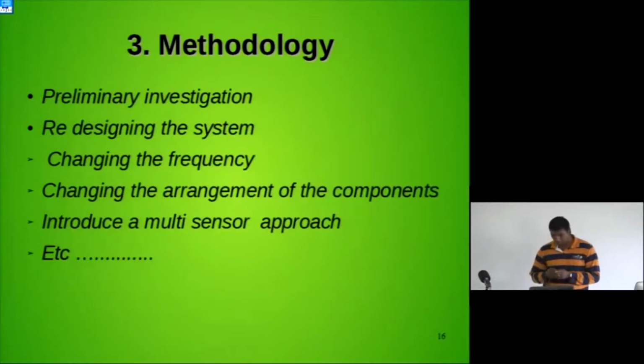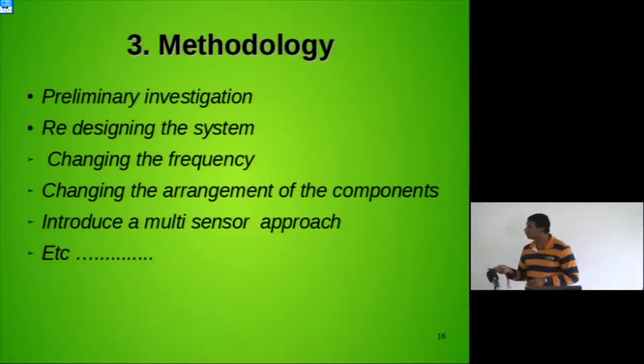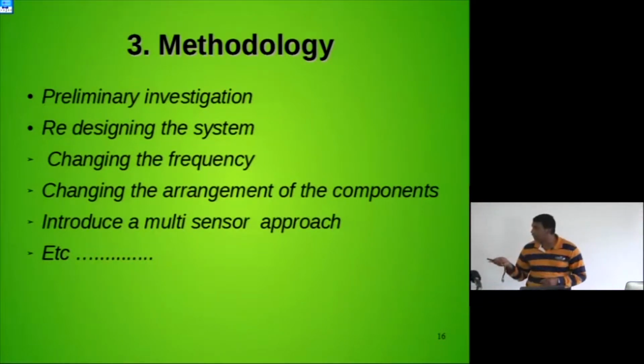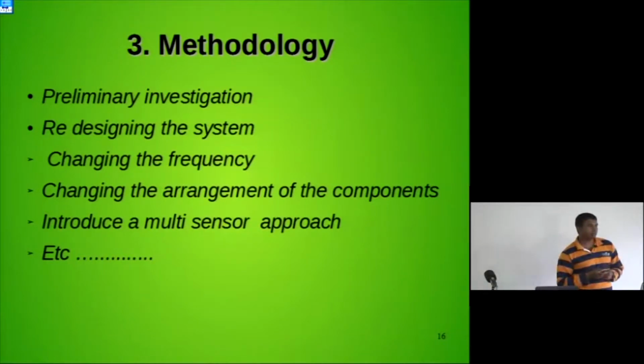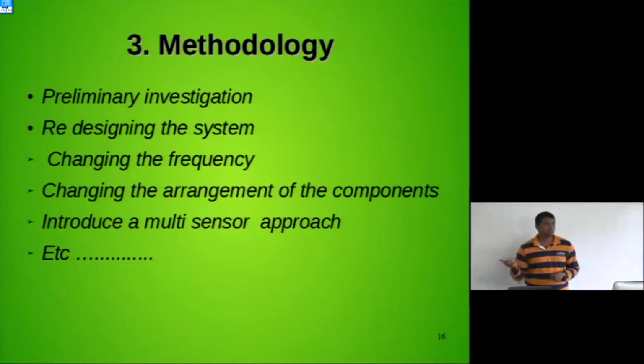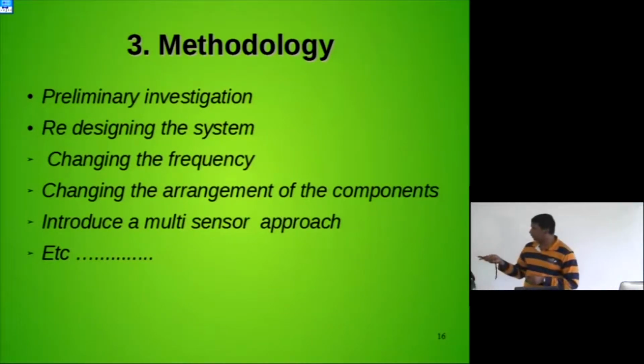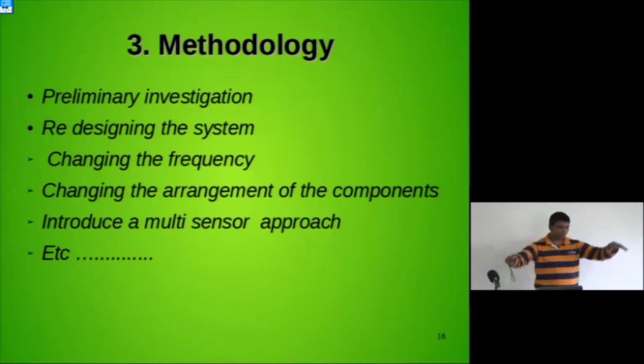And what I will try to do is a preliminary investigation and then redesign the system. It means first I'll try to change the frequency, because the frequency has a big effect on the sound behavior. Then change the arrangement of the components, meaning you don't just arrange them like that; I'll try some different arrangement.